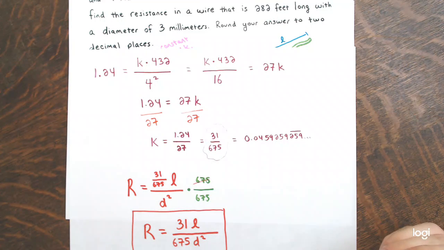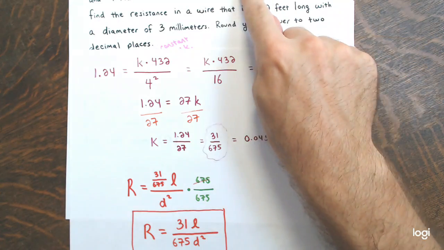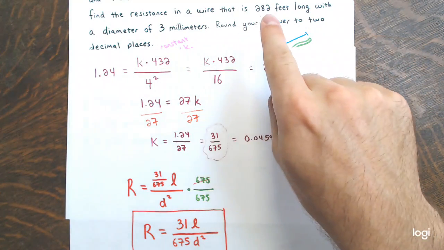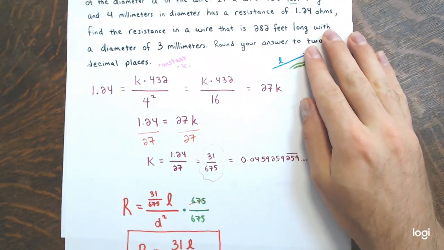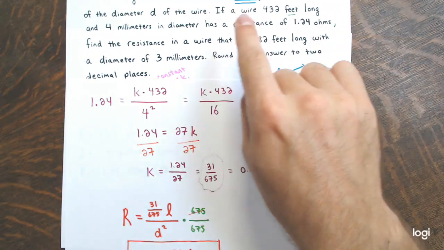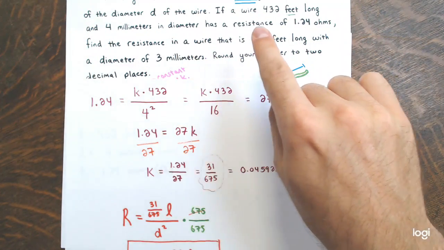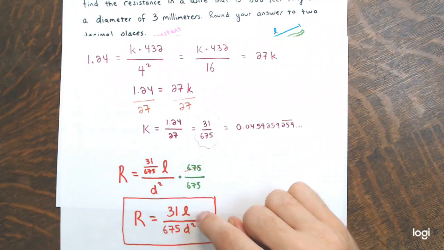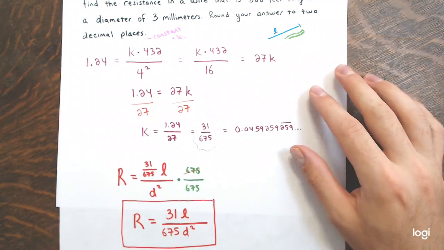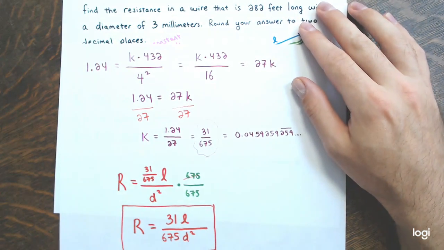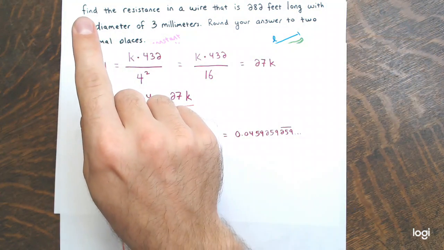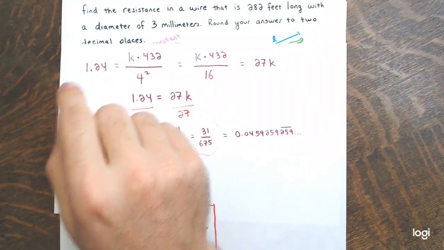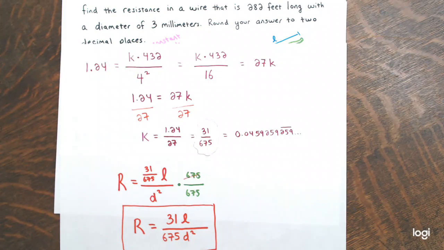Alright, now let's see what we're asked to do. I used this information up here, that a wire is 432 feet long, 4 millimeters in diameter, and has a resistance of 1.24 ohms, to help me get this equation here. Now, what are we asked to do with it? Well, that's the last part. Find the resistance. So they don't know what R is.